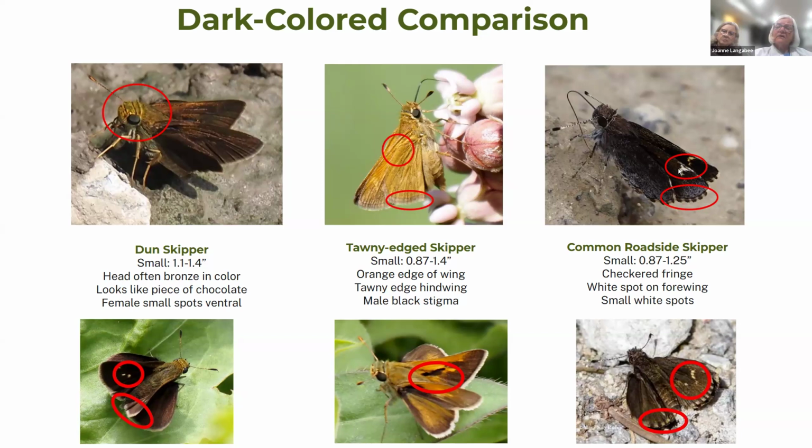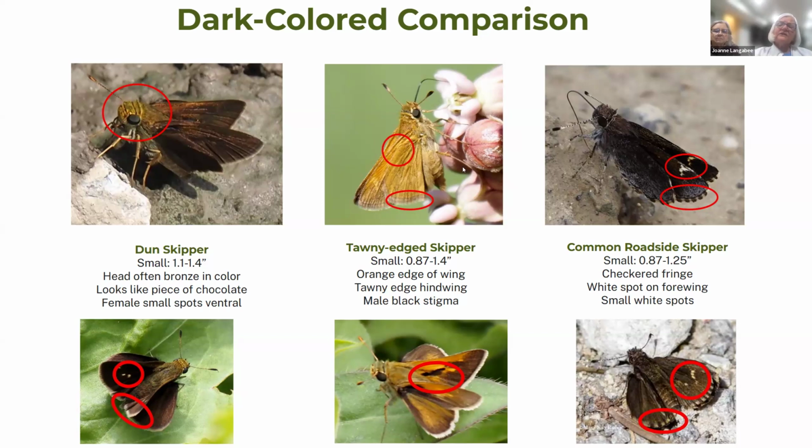And then it looks kind of like a tornado here, with white markings, and on the inside you'll see some white markings. The common roadside skipper is not particularly common around here. We see probably more dun skipper than common roadside skippers at Lawrence. In the forest, I see very little of either of them. They're really more prevalent at Lawrence and Garden, so they like more open areas.